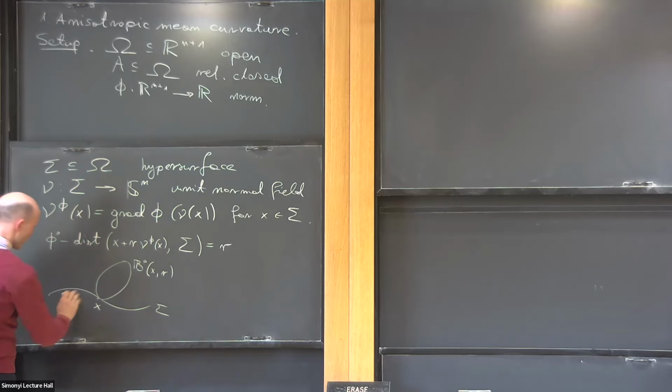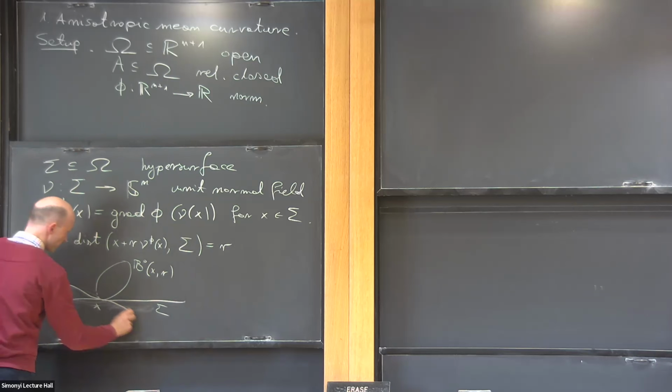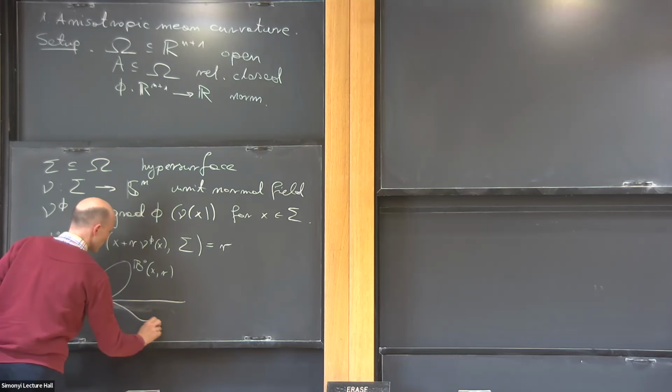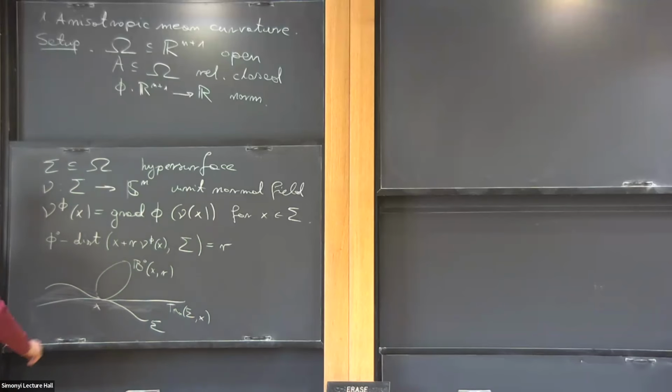The tangent plane is like that, the surface goes like that, and the usual normal vector is here.